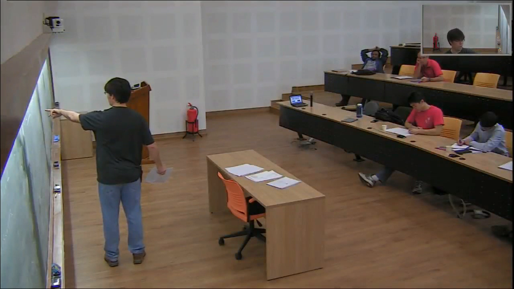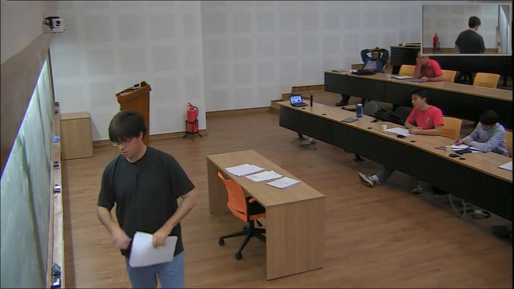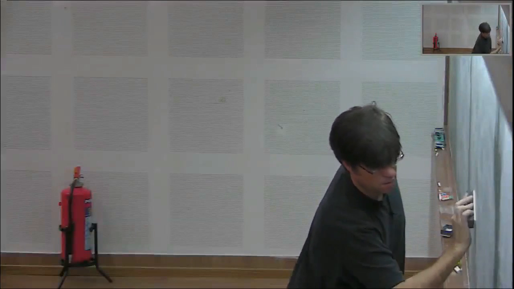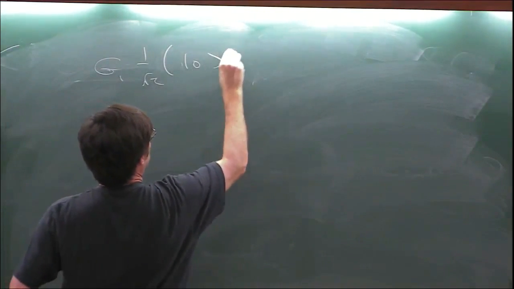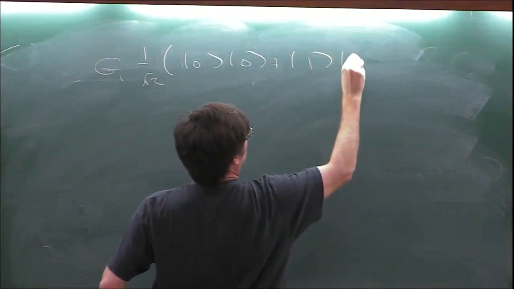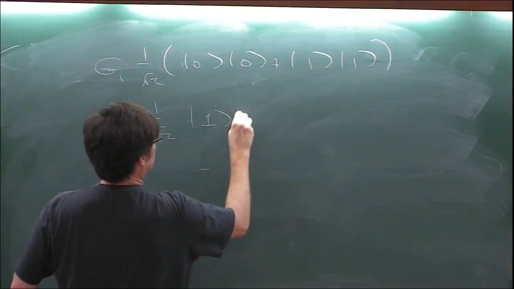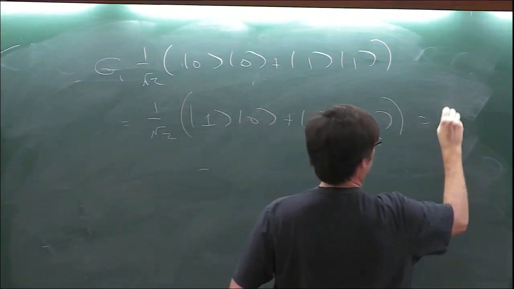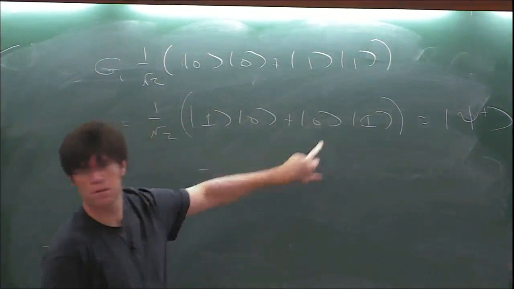So sigma 1 acting on 1 over root 2, (00 plus 11) is equal to 1 over root 2, (10 plus 01), which is equal to psi plus, because this only acts on the first bit and flips it.